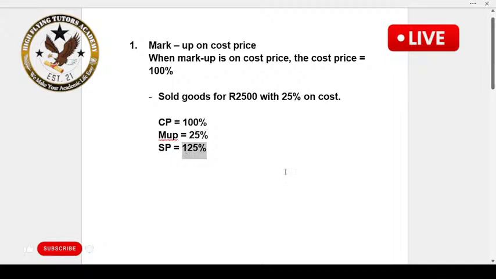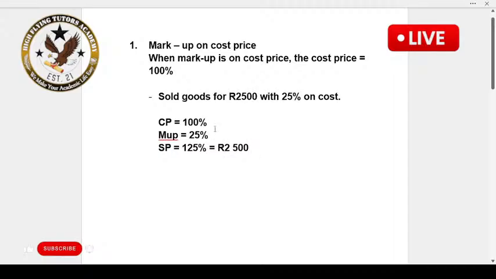In this example, they have given you the selling price, which is 2,500 rand. So the selling price is 125% in percentage, which is equivalent to 2,500.